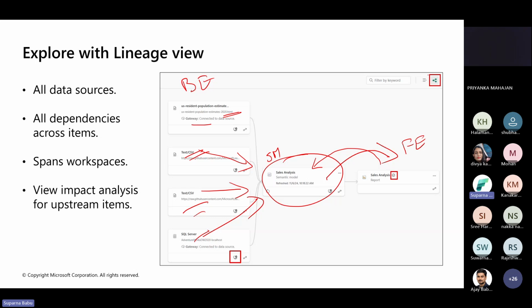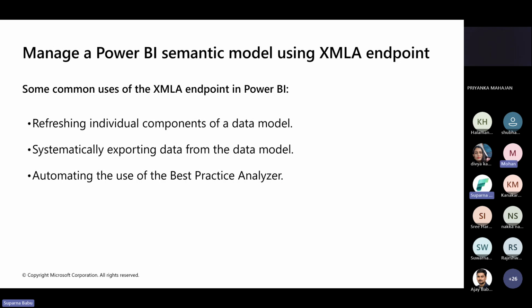In your workspace, by default it would be selected. If you would like to see the lineage view, you need to choose this green dots lineage icon. Now let's see manage Power BI semantic.